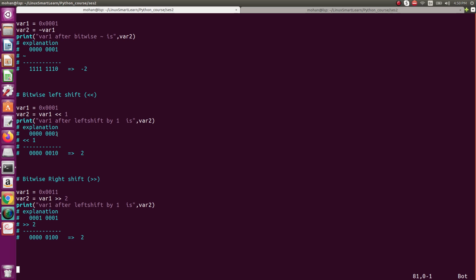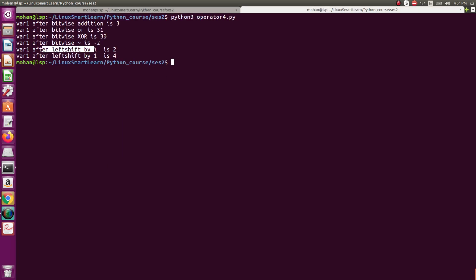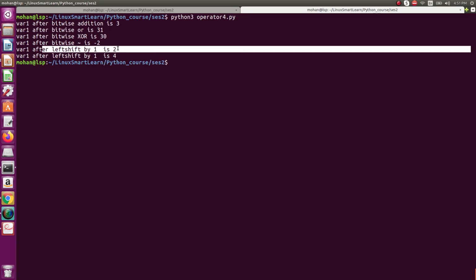After moving here, this will be its new position, and this position is filled with 0, and all the bits will be shifted left by one position. So now the result will be 2. So we get after left shift by 1 is 2.